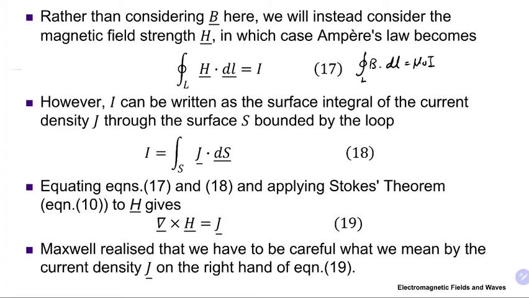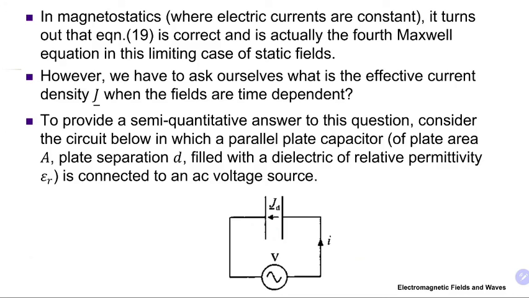The curl of the magnetic field intensity is not just equal to the current density, as realized by Maxwell. Consider your magnetostatics. It is correct for a static field, but if you have a changing current, then you have to add something known as a displacement current to it.